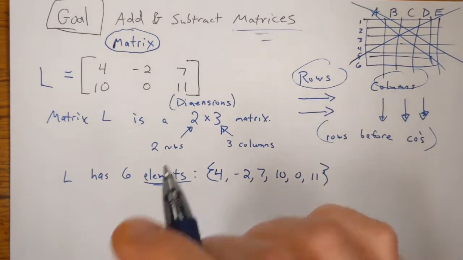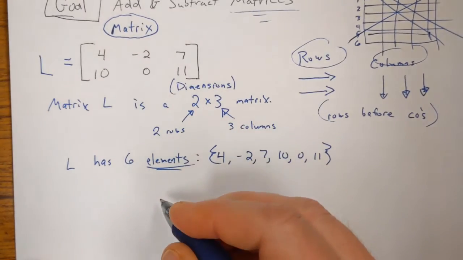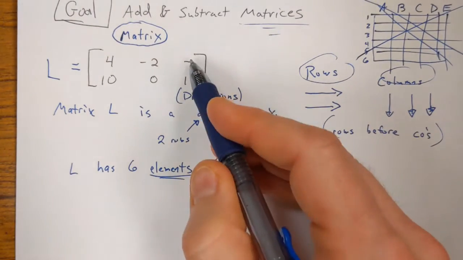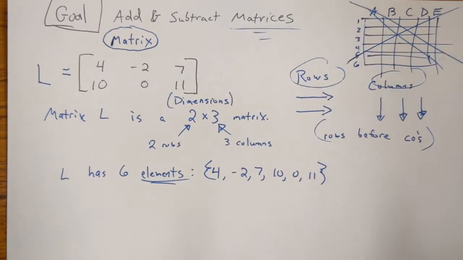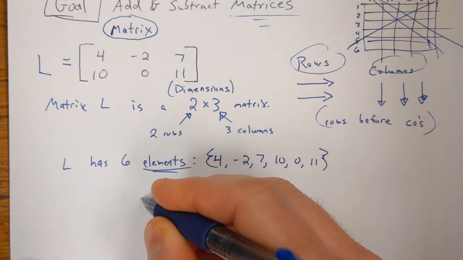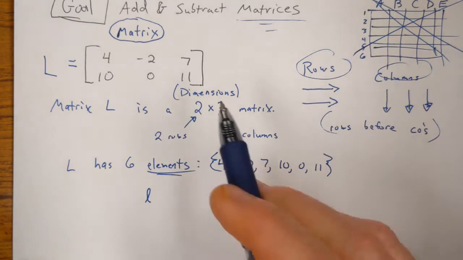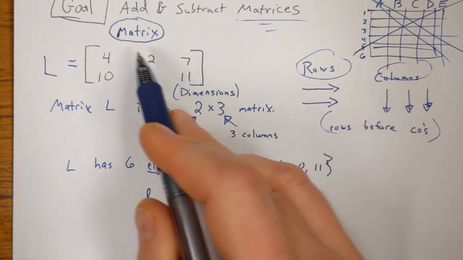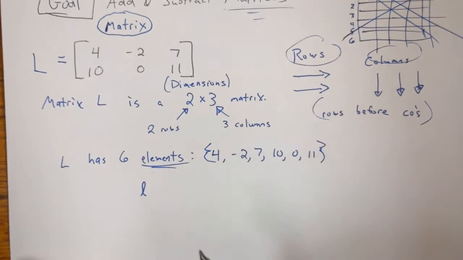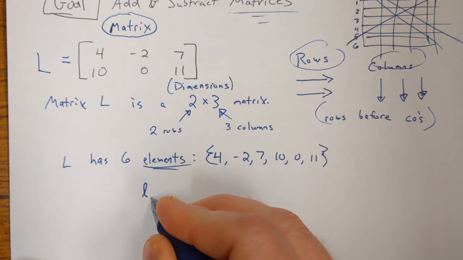Now, you can actually name each of these elements individually like this. So let's say I wanted to name this 7 right here. I want to give it an individual specific name. What I do is I would write a lowercase l, kind of like a cursive l so you can tell that it's an l. And then look at this 7 here. 7 is in the first row and it's in the third column. So we write a lowercase l, and then in subscript we write a 1 and a 3.